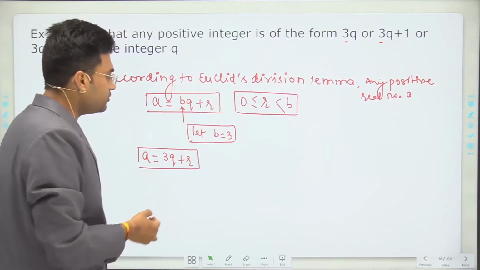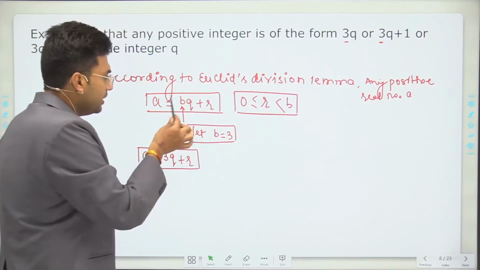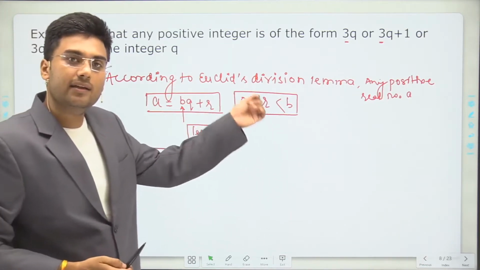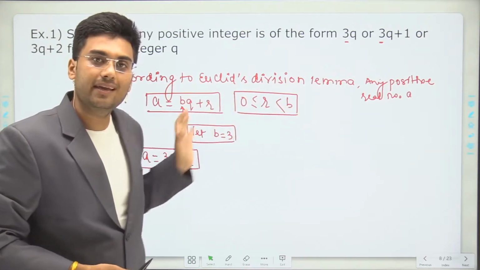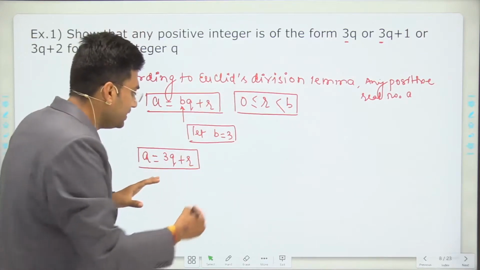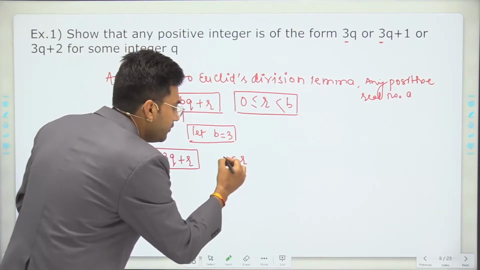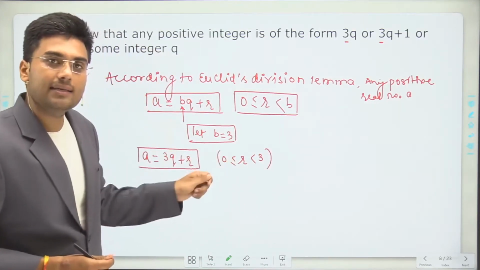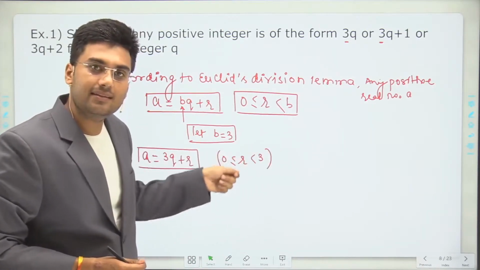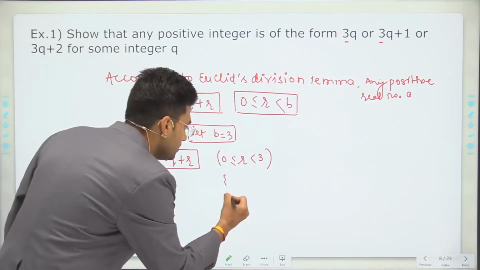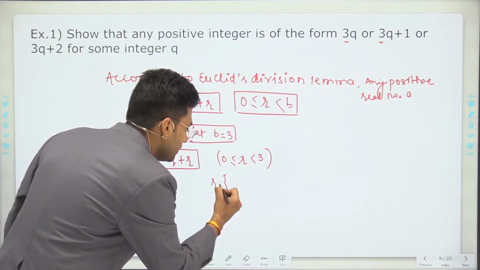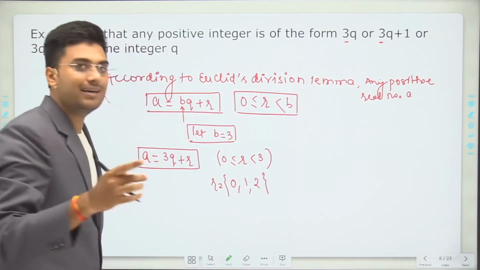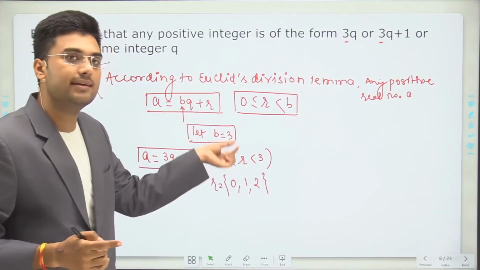So now dear students, we know that in Euclid division lemma, a is equal to bq plus r with r greater than or equal to 0 but less than b. Here b is equal to 3, so we can say that r is greater than or equal to 0 but less than 3. So we can choose r is equal to 0, 1, 2. We cannot choose r is equal to 3 because r is less than 3.